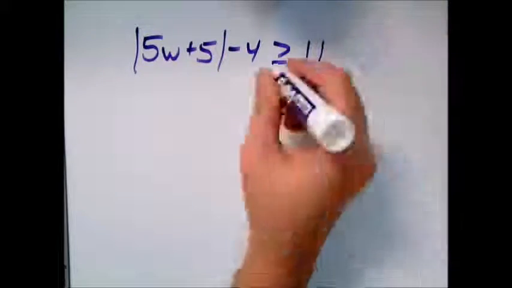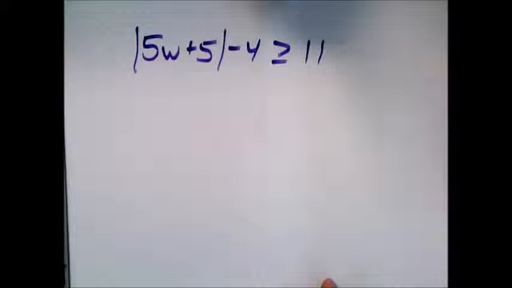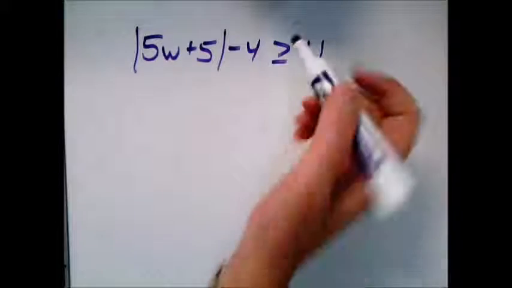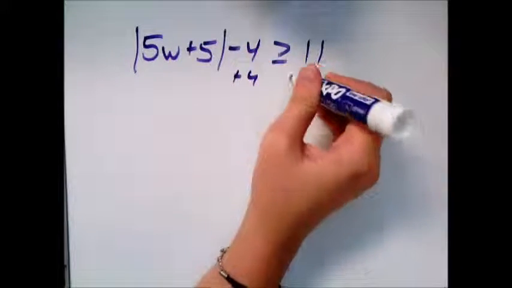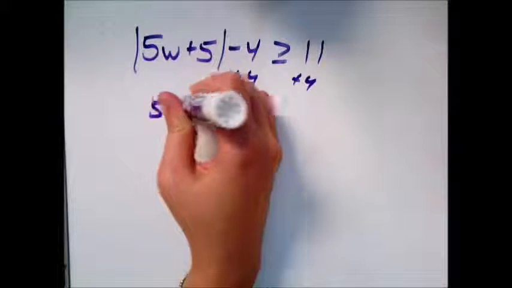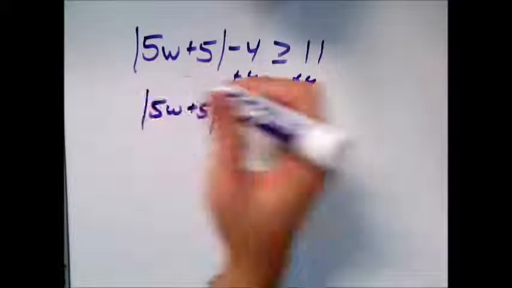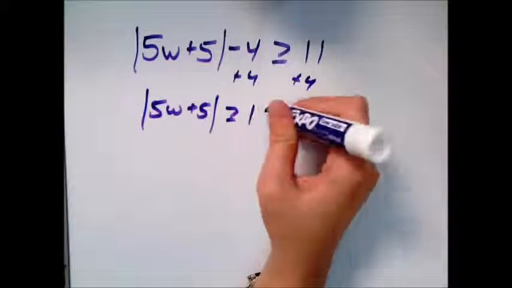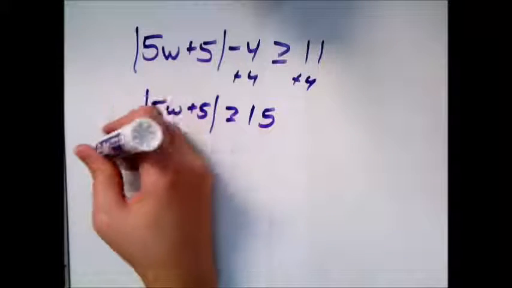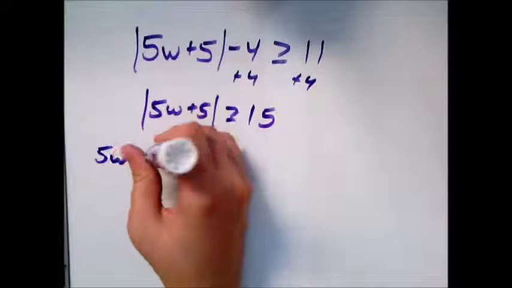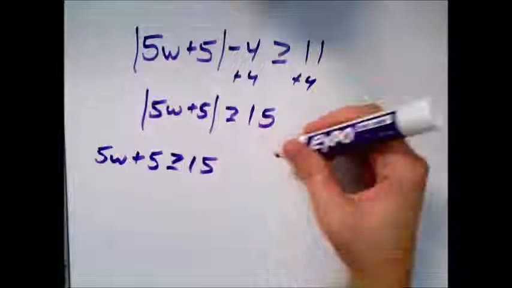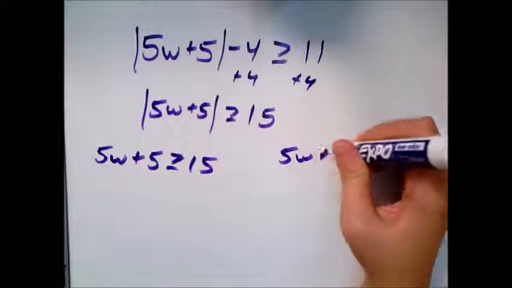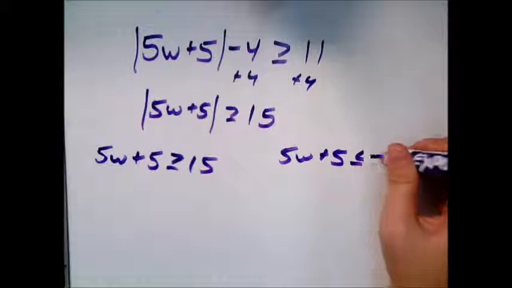All right, so we'll try a greater than or equal to 1, which tells me my answer at the end is going to look like I need to be further away than a certain amount of units from something. But I have to get the absolute value by itself, so I'm going to add 4 to both sides. So 5w plus 5, this absolute value, is greater than or equal to 15. And so now I can split it into two cases, 5w plus 5 greater than or equal to 15, or it could be less than or equal to negative 15.